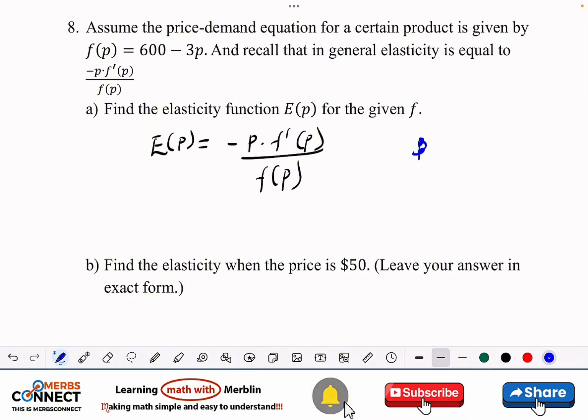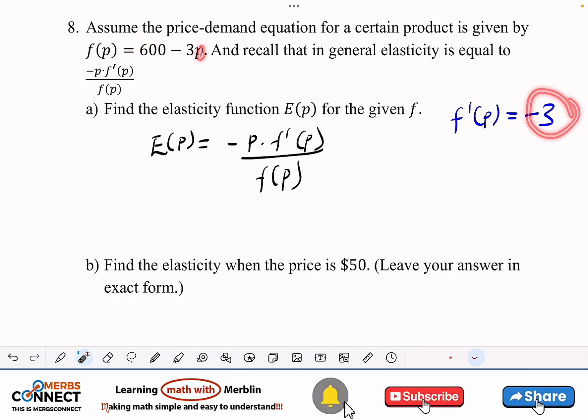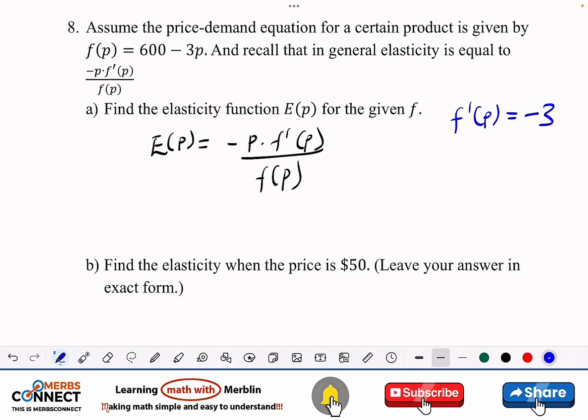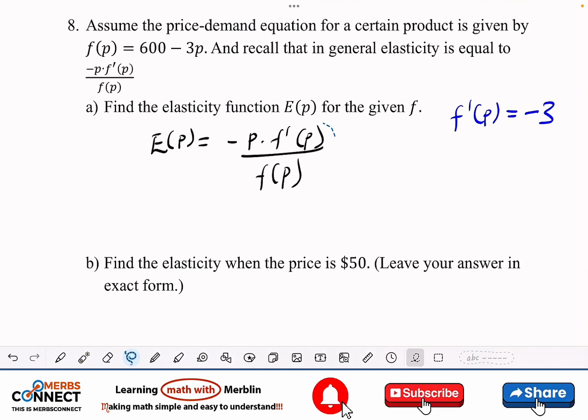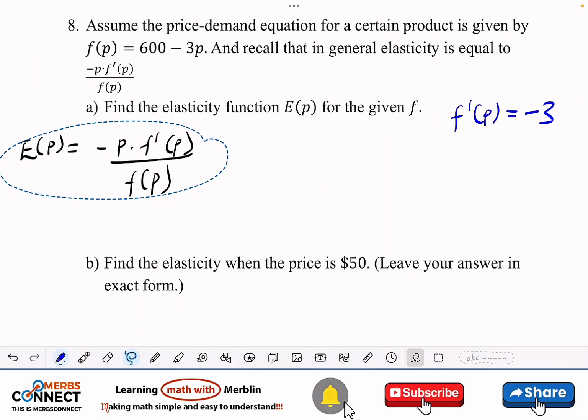F prime of P is equal to -3. Wow, just -3? Because when I differentiate this one it will be 0, and when I differentiate P, I get 1. So just left with -3. So let's do the substitution.